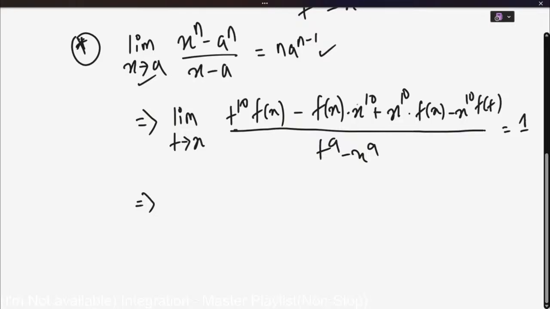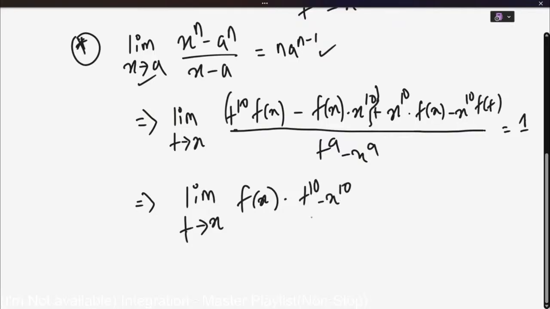we can use the distributive law to separate these two parts of the limit because they exist independently, and we can do this and we get limit t tends to x, factor out f of x. In the numerator, write down t to the power 10 minus x to the power 10 as expected, and in the denominator, t to the power 9 minus x to the power 9.